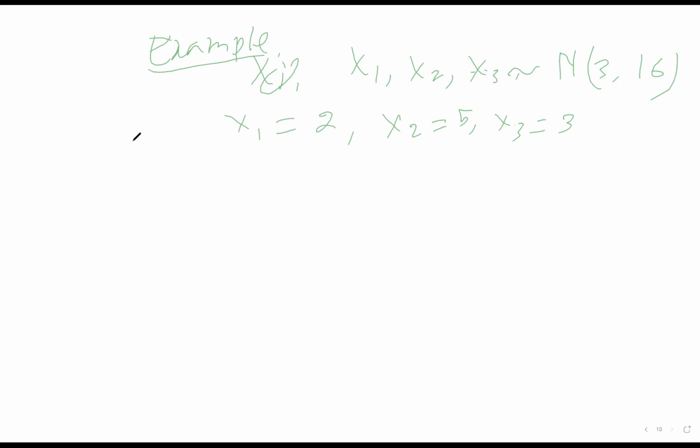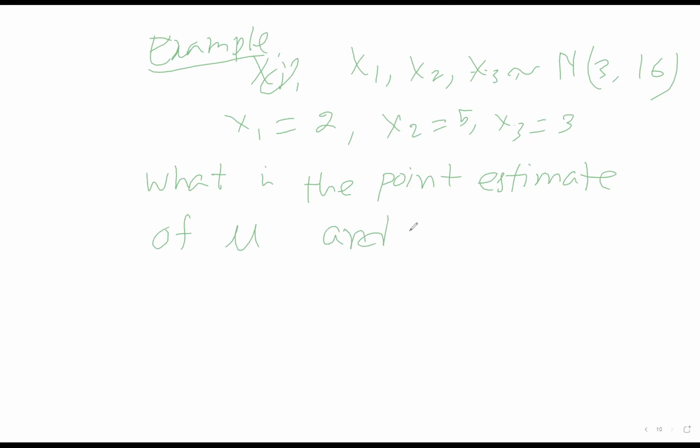What is the point estimate of mu and sigma square? Do this example now and let me know the results. What do you get for the point estimate for mu and sigma square?